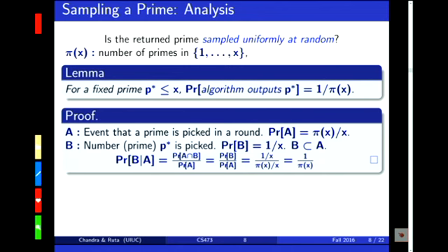Using the formula we know, it's the probability of A intersection B divided by the probability of A. But because B is a subset of A, this is just the probability of B over the probability of A. If you simplify, you'll get 1 over pi x. So basically, because I am picking a number uniformly at random, picking any prime among the primes is also uniformly at random.